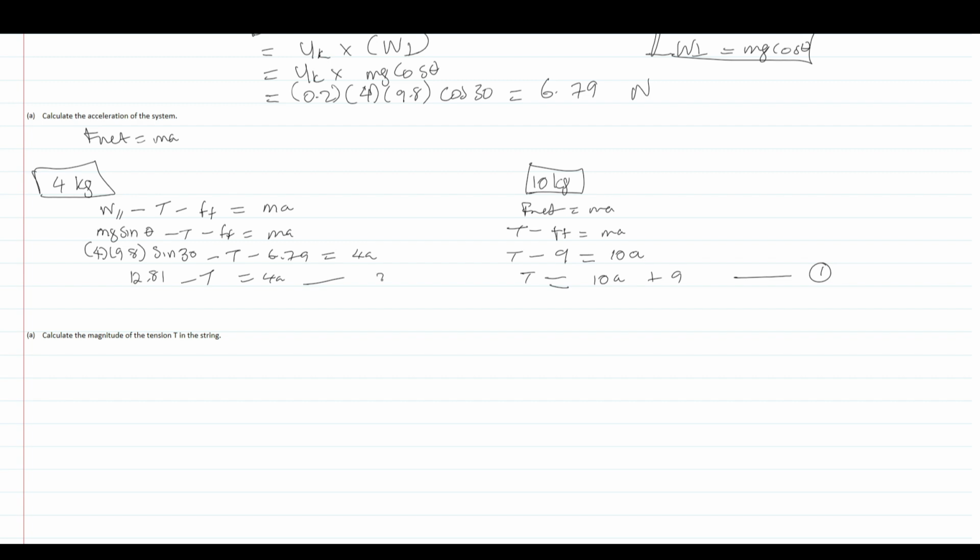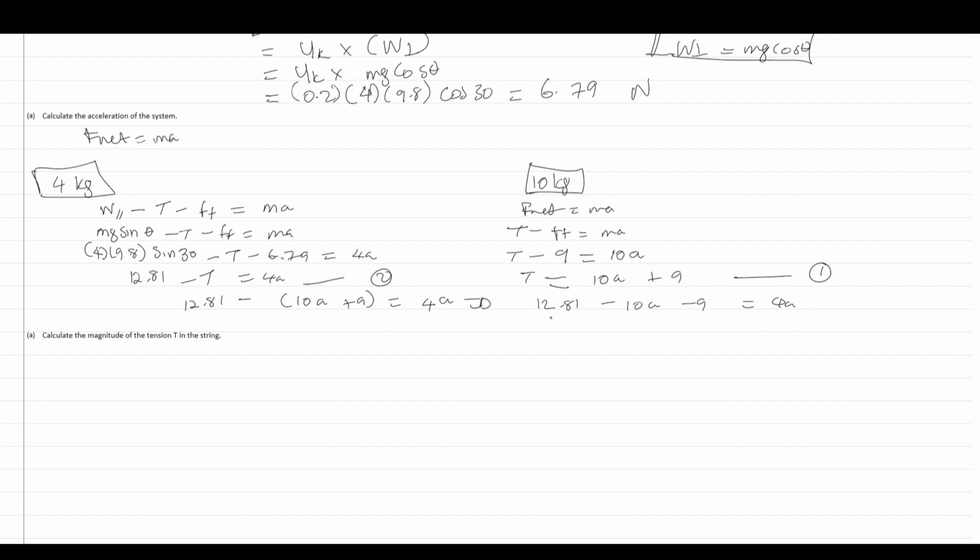So now we have 2 equations, and we're going to solve simultaneously, plugging equation 1 into equation 2. And you're going to have 12.81 minus (10A plus 9) equals 4A. And you're going to solve for A. So this will give us 12.81 minus 10A minus 9 equals 4A.